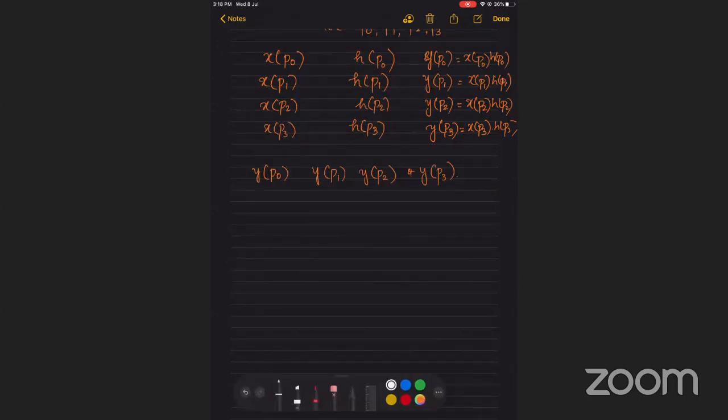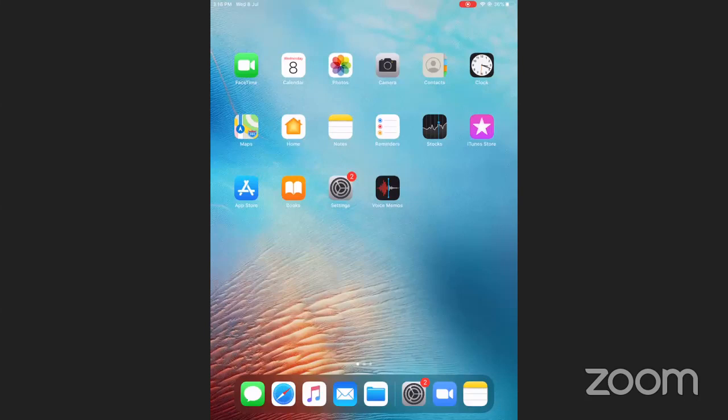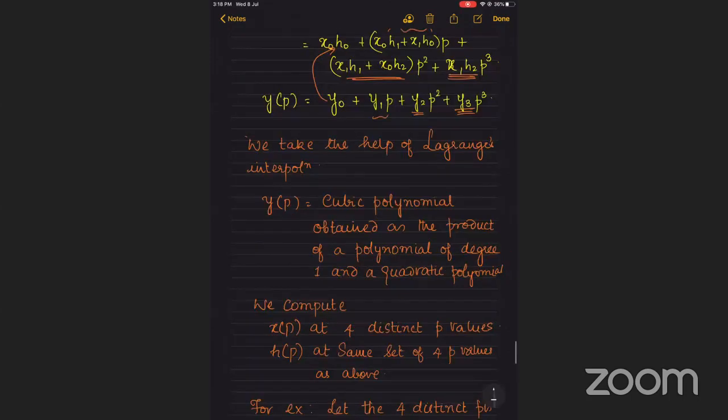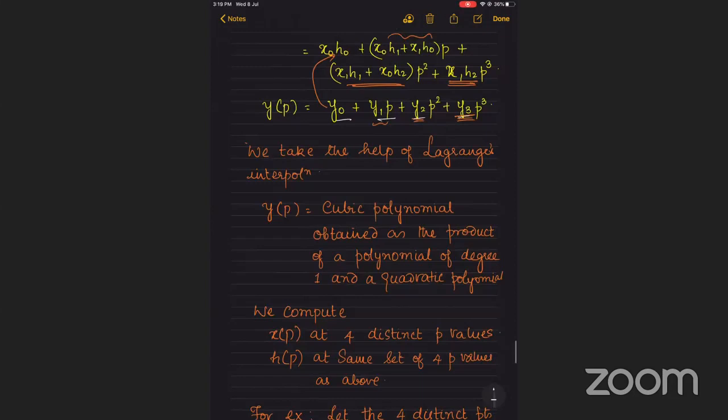I'm going to use Lagrange's interpolation to get the coefficients y0, y1, y2, y3, which is what we had put here. These coefficients I'm going to get now from Lagrange's interpolation.